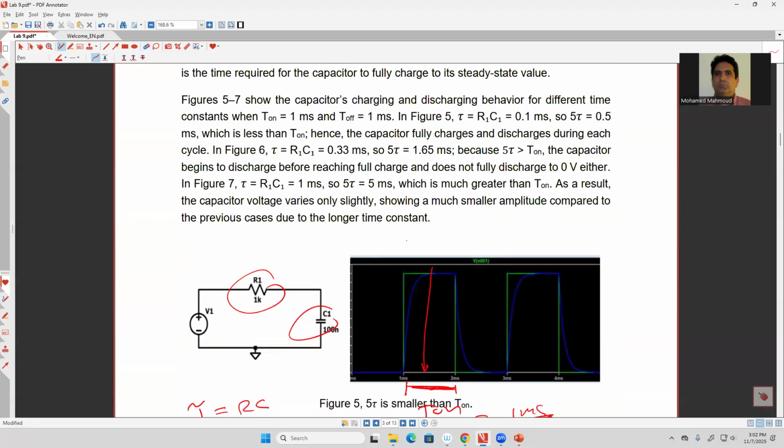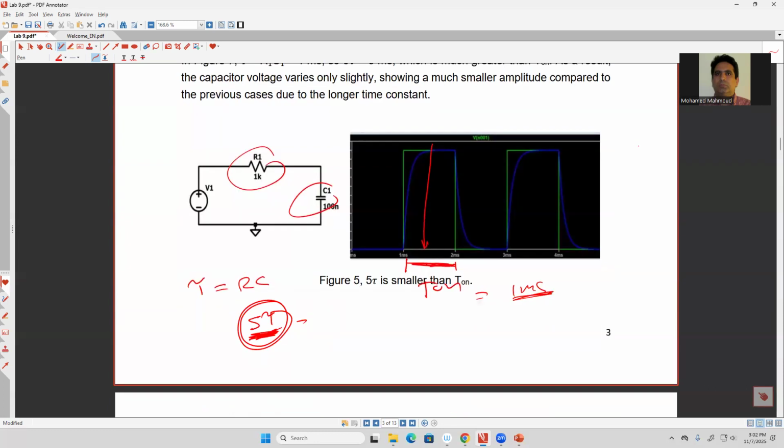In the first case, tau is 0.1 and 5 tau is 0.5 milliseconds, okay? So that's why after 5 tau, which in this case is 0.5 millisecond, in the half here, it will reach saturation.